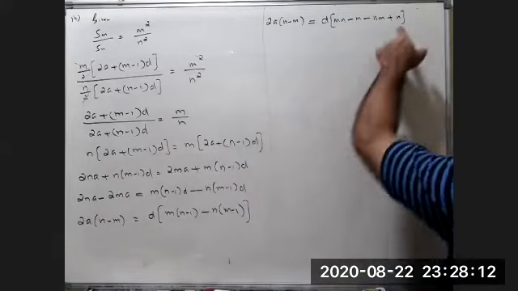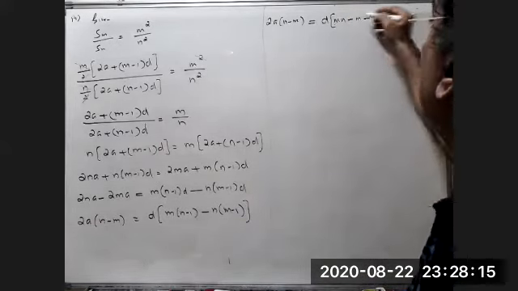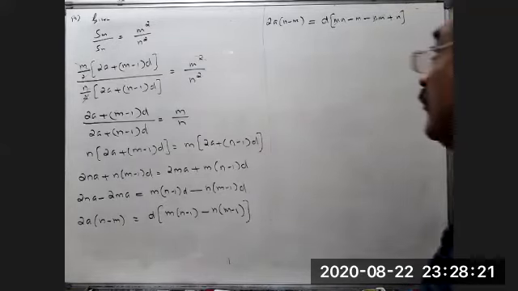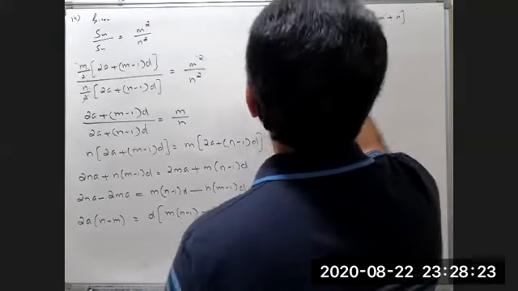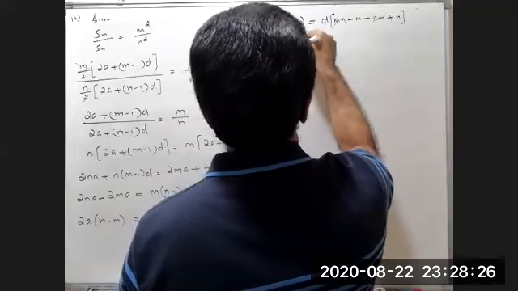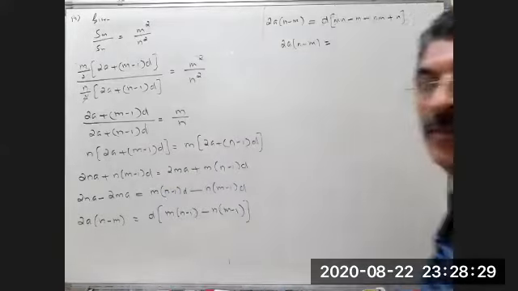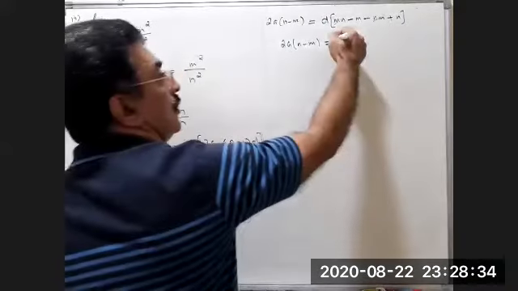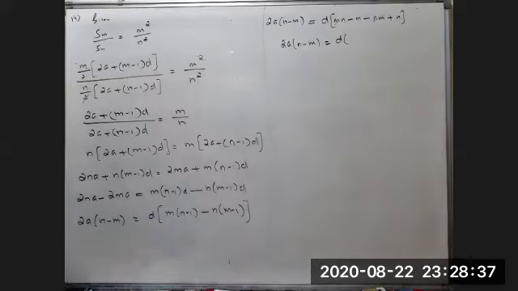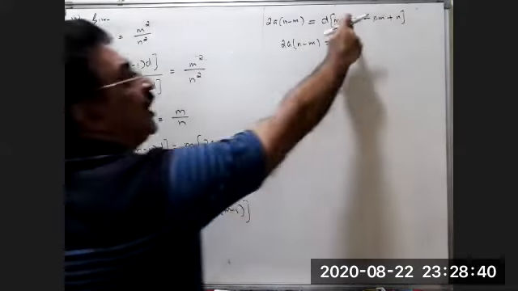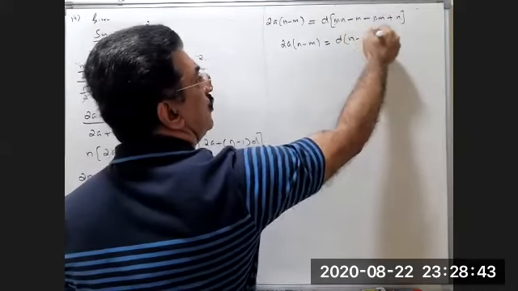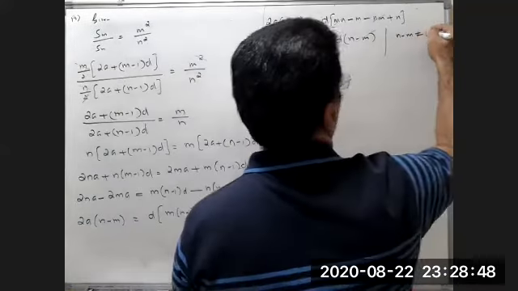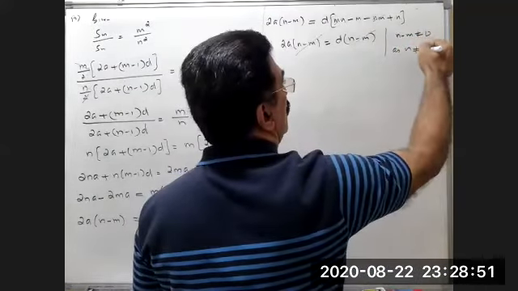Minus n into minus 1 is plus n. The mn terms are the same and cancel. On the right hand side, minus m plus n is the same as n minus m. It can be cancelled. Why? n minus m is not equal to 0 as n is not equal to m.